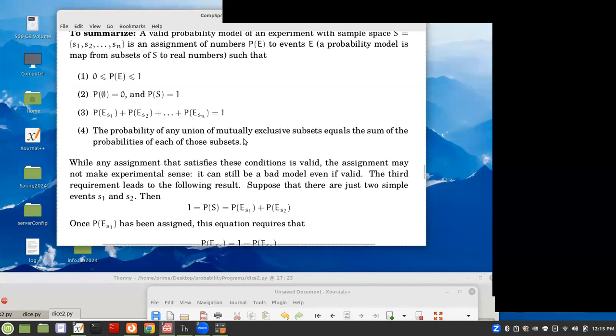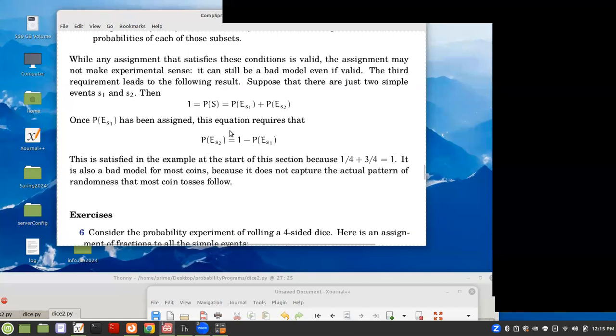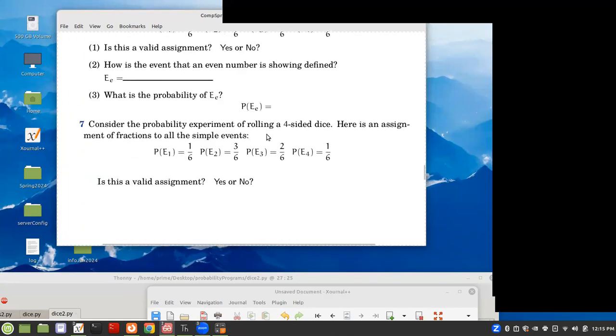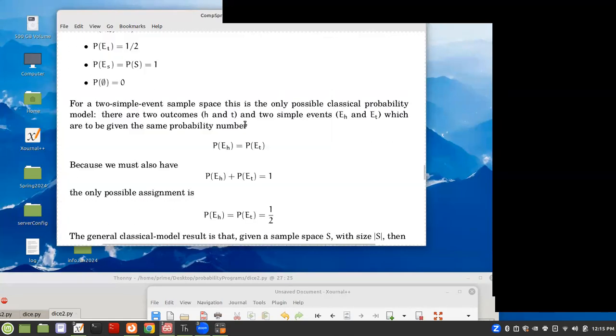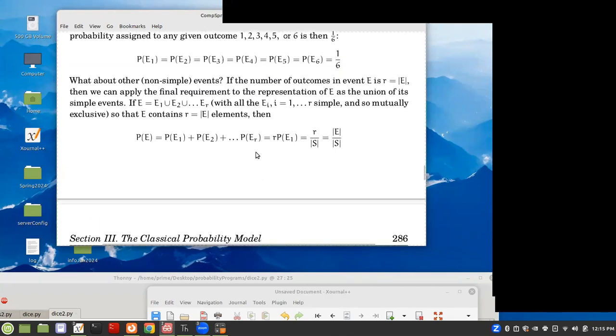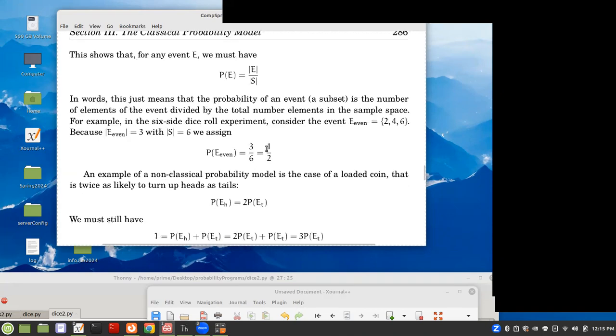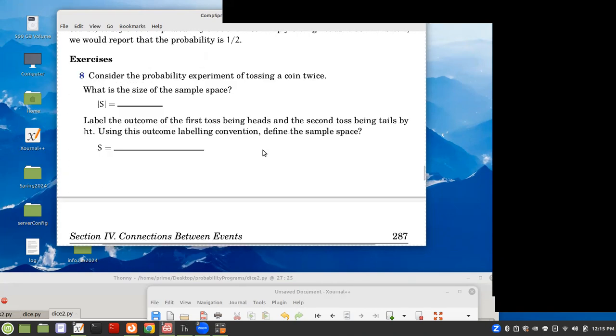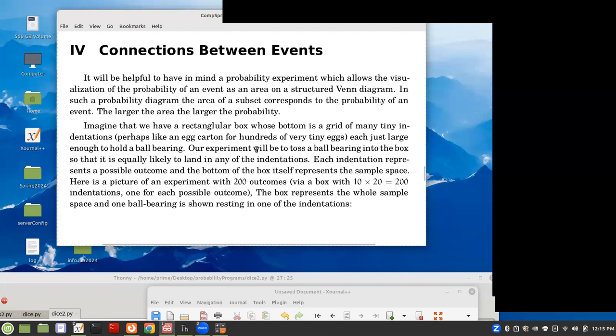That way you can build up every subset out of elementary sets, which leads to the classical probability model when you choose them all to be equal. And here's the statement of this, some examples and exercises you should go through.